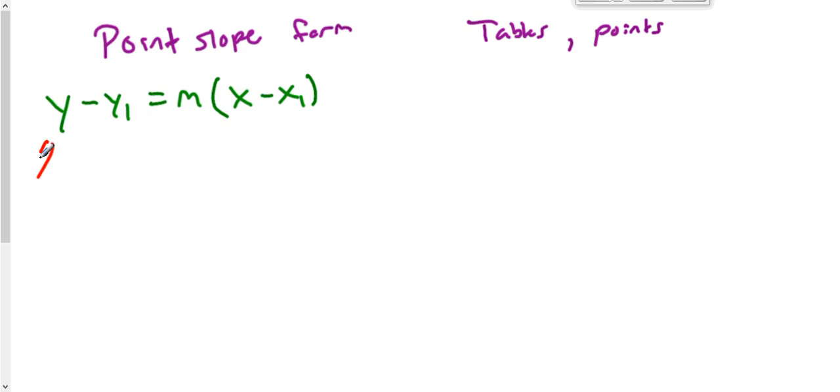Once again, y and this x right here are just the input and the output. We plug a number in here, it would go through all the rest of these numbers and tell us what we get out. That's because even though we have a bunch of letters, m, x1, and y1 would all be numbers. M is still how we move. This is still the slope. Nothing has changed.